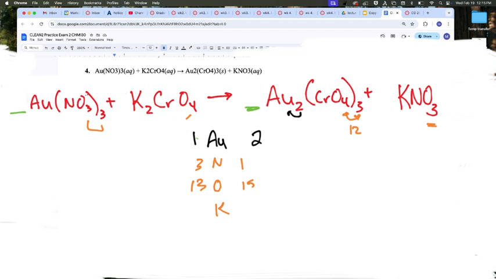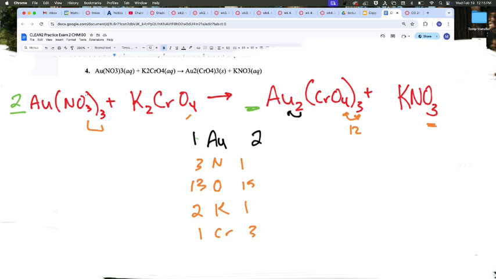I got my potassium, I've got 2 over here, 1 over here, chromium 1 and 3. I already did the oxygen, so we're good on that. Okay? And then people double back and say, well, how many golds? Well, those didn't balance, so I'm going to adjust this.